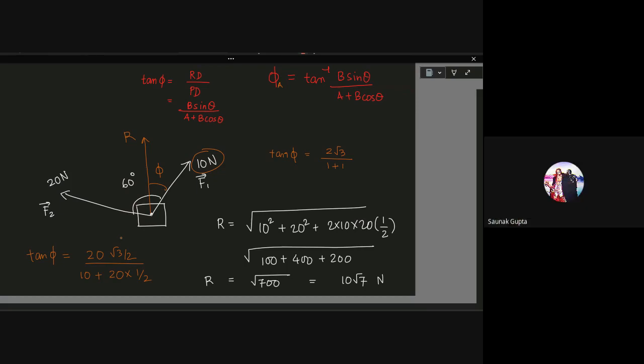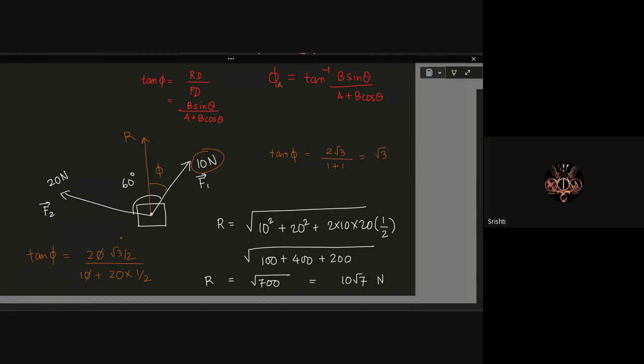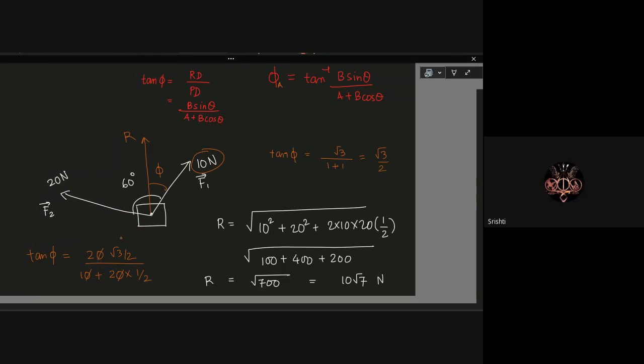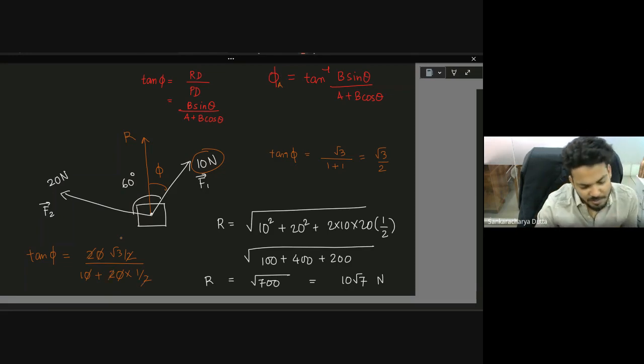Isn't tan phi root 3 by 2? No, I'm getting root 3. You forgot the half, sir. The denominator is 10 plus 20 into half, so I cancelled out and get root 3 in the numerator, and in the denominator I get 1 plus 1. Yeah, root 3 by 2 is the correct answer.